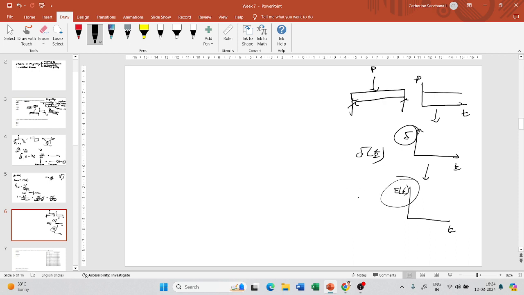Since delta varies with time, E also varies with time, the modulus also varies. Now this modulus is plotted as a function of time, and based on the parameters obtained from this E versus T curve, the PG grade of bitumen at low temperature is determined.